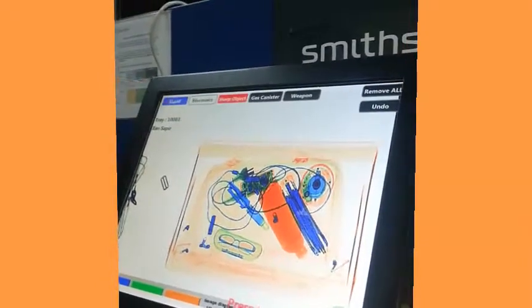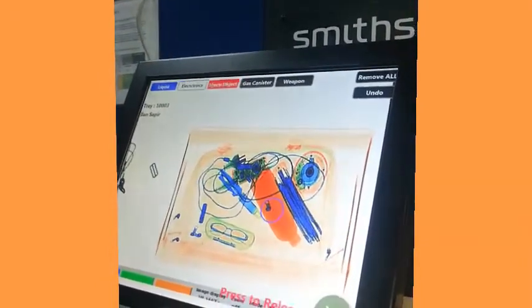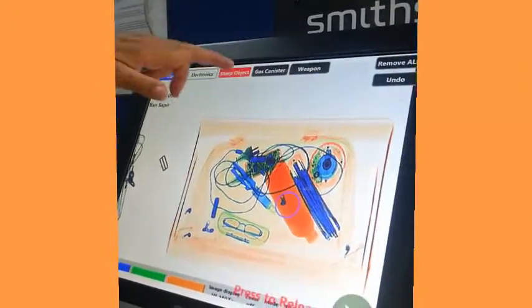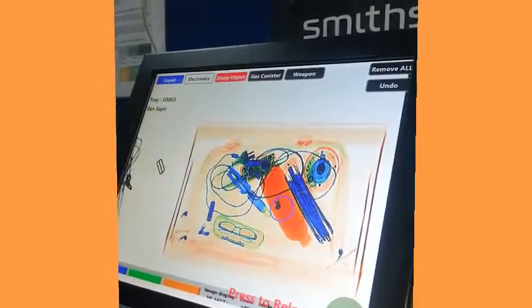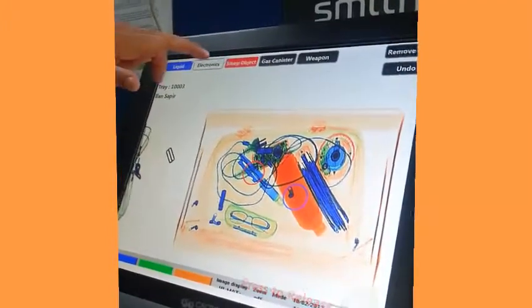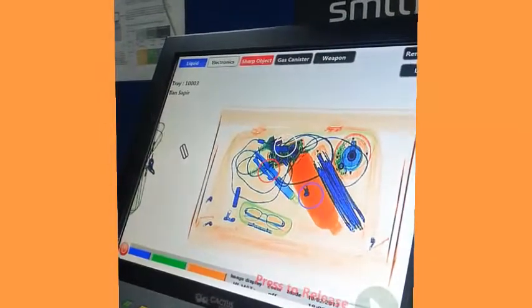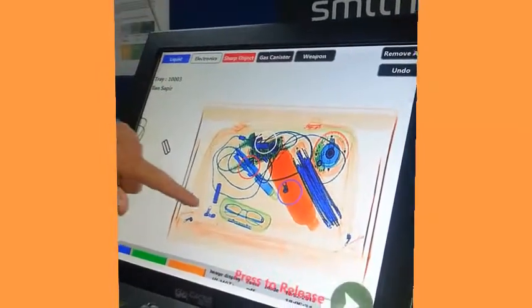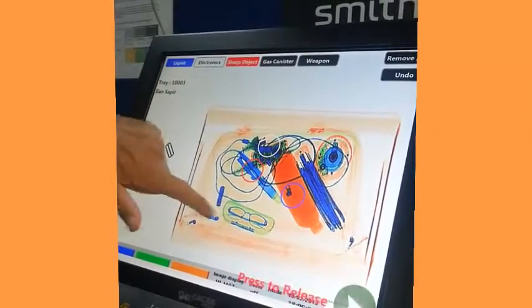So we press on the liquid and we mark it. I see also a sharp object, so I press on the sharp object. Depending on the procedure, there may be a signal for electronics, and let's make a mistake by taking this item and calling it a gas canister.